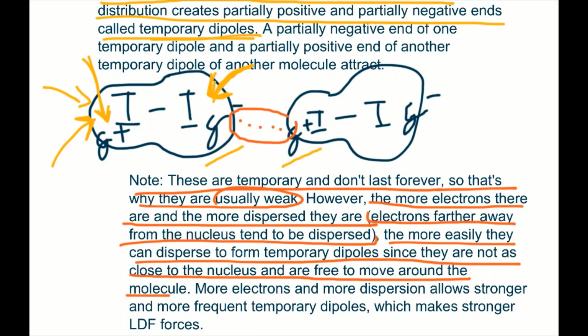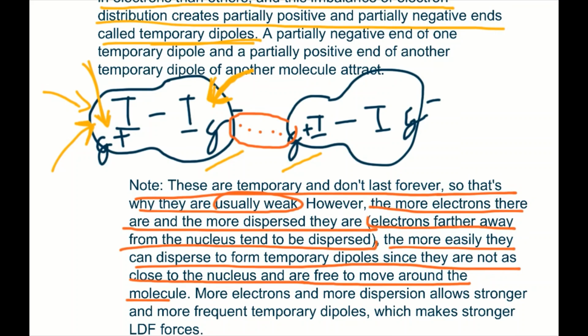So if electrons are not as bound to the nucleus, then they tend to have more freedom to move around the electron cloud, and because of that, deformities are more common, which causes these partially negative and partially positive ends.